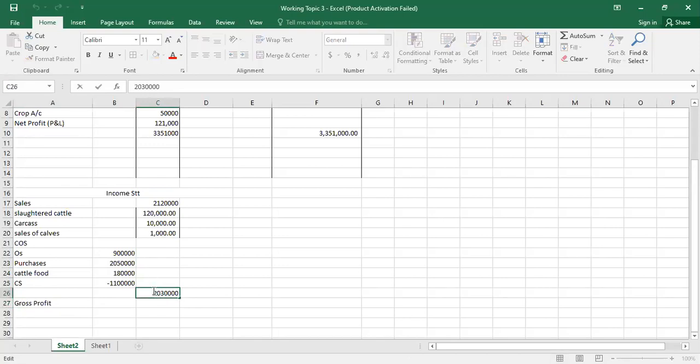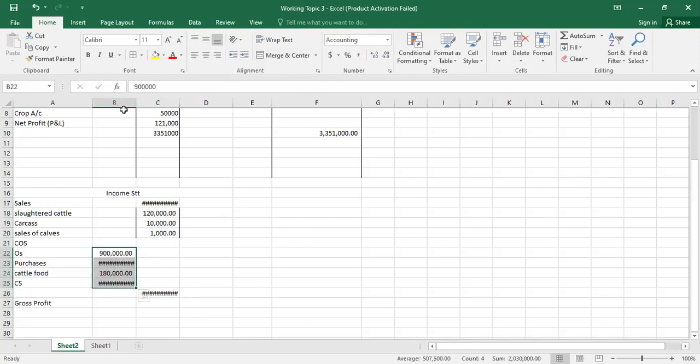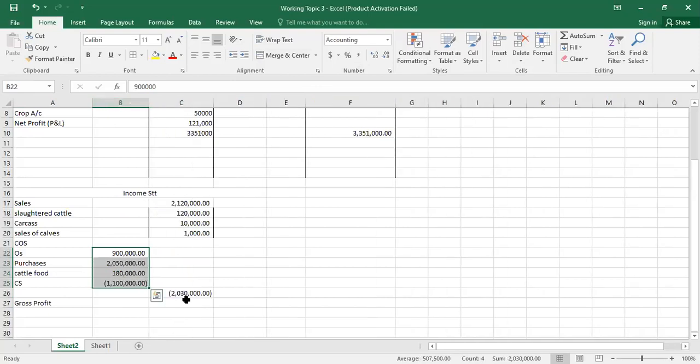So this should also be negative for the purpose of using Excel. So we are getting 221. Our gross profit figure is 221,000.